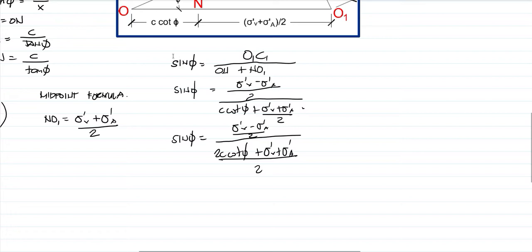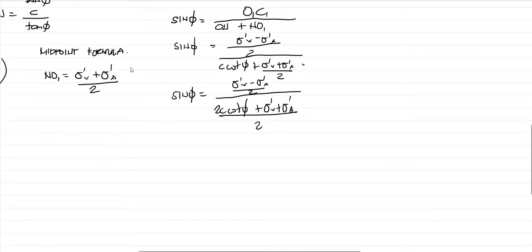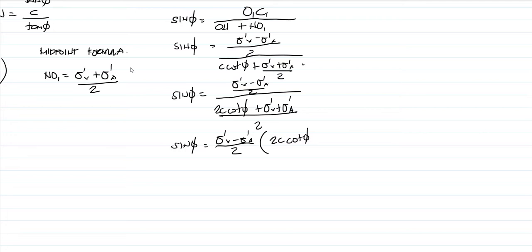Tapos ngayon, syempre, yung rule ng division ng fractions, so that will be sine of phi is equal to, syempre ito magkakaroon ng reciprocal yan, so that is sigma prime B minus sigma prime A over 2 times 2C cotangent of phi, or that is 2 na lang kasi magkakaroon ng reciprocal, so that is 2C cotangent of phi plus sigma prime B plus sigma prime A. So, syempre, ito magka-cancel out.